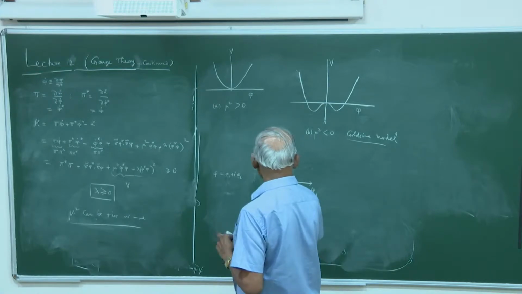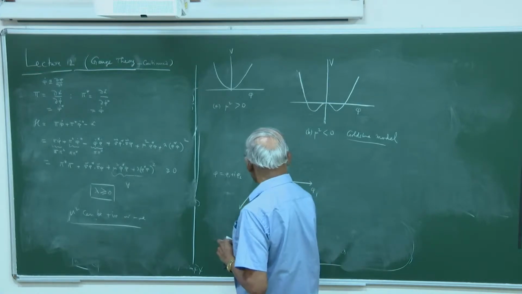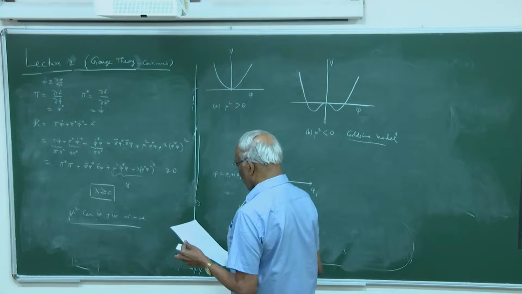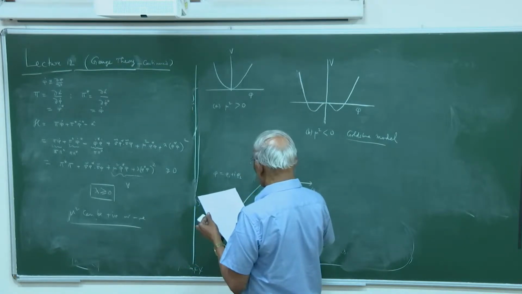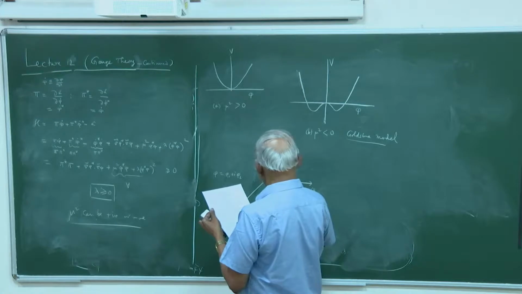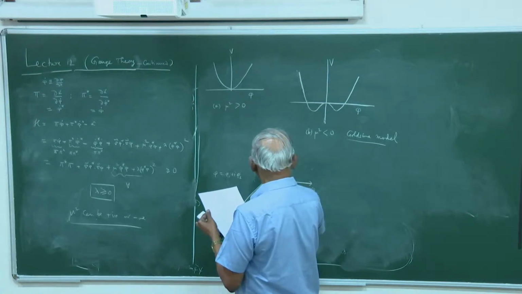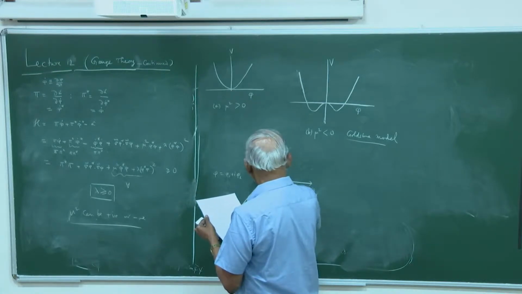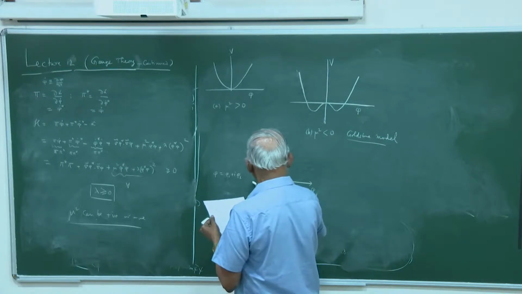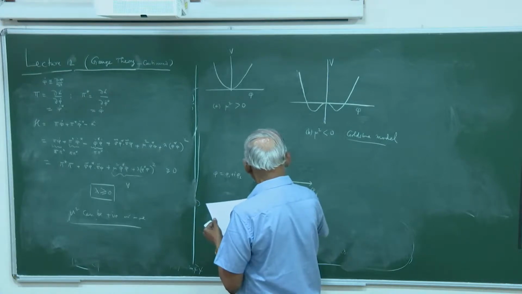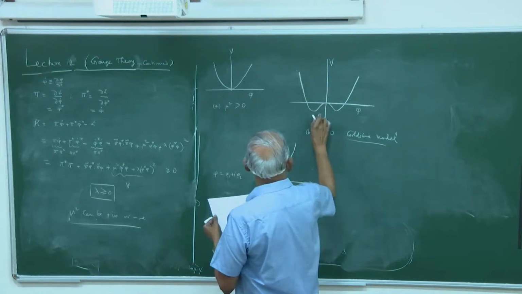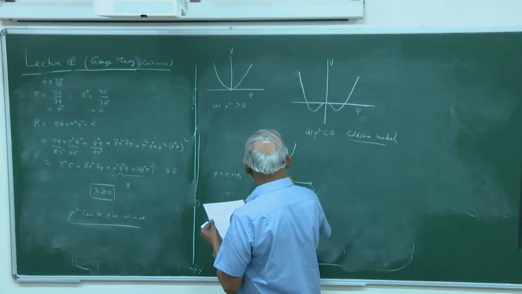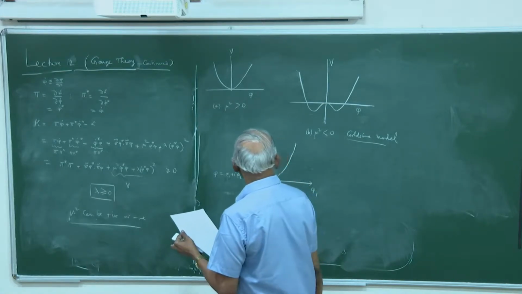So in terms of phi 1 and phi 2, V will look like this. This diagram will be replaced by a three-dimensional diagram now.